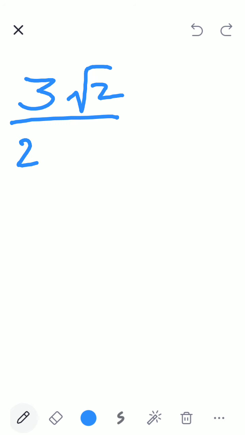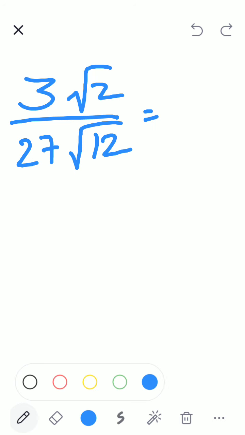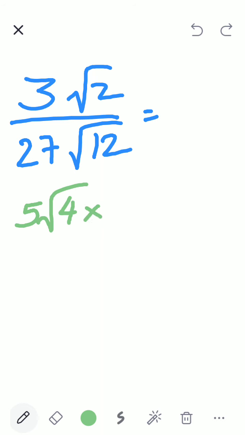Okay. So now we have 3 root 2 divided by 27 root 12. Give me the answer in the chat box.